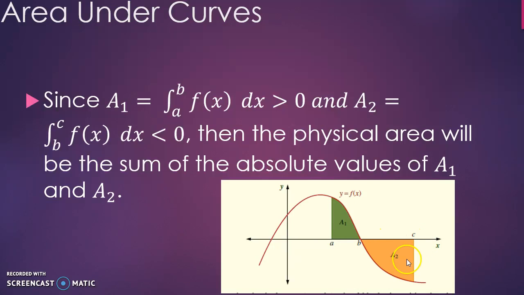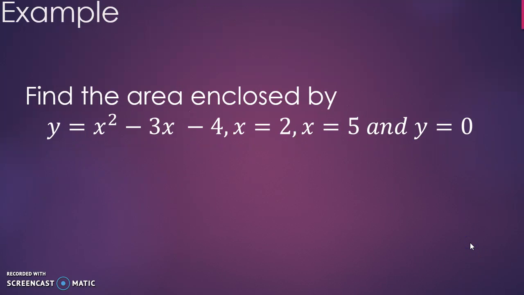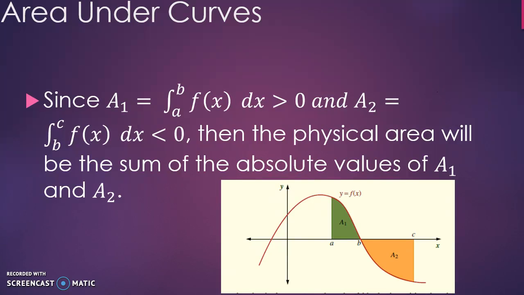Now this is going to be a negative value, so we use the absolute values. So we take away the negative sign and just add the values up with no regard to the sign in front of the area.